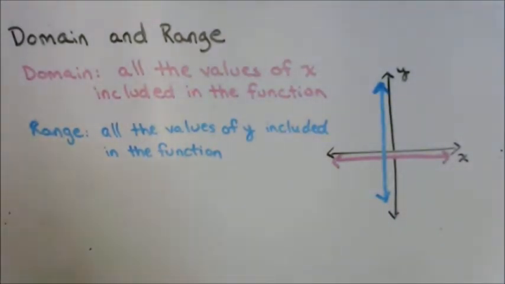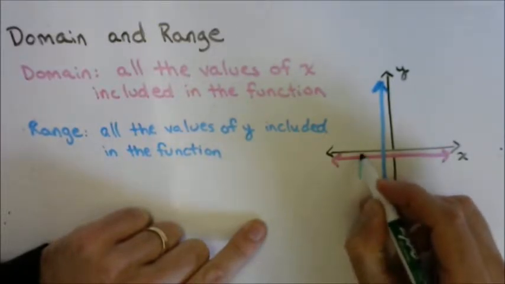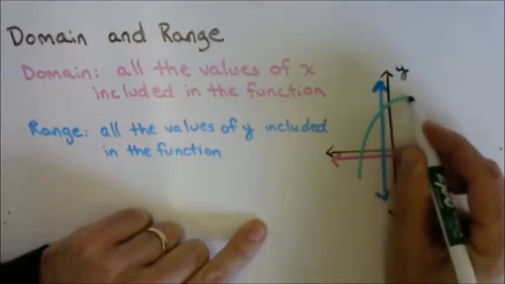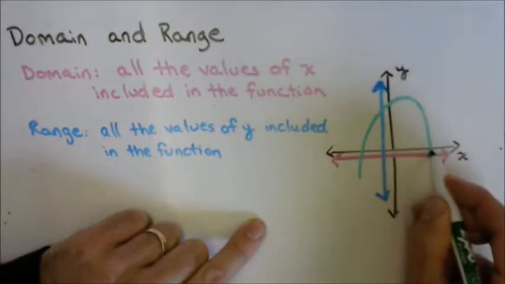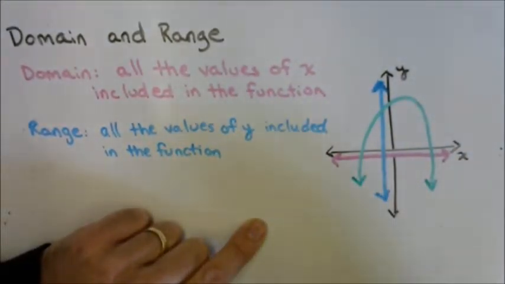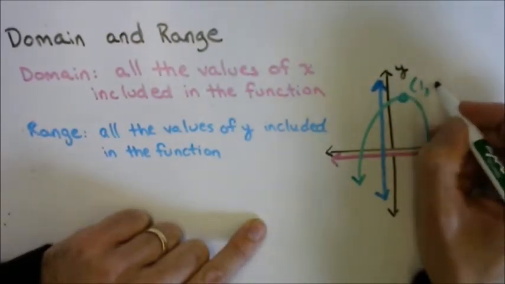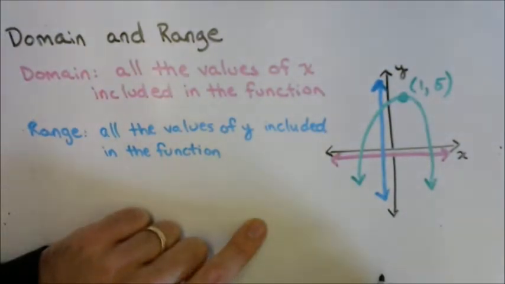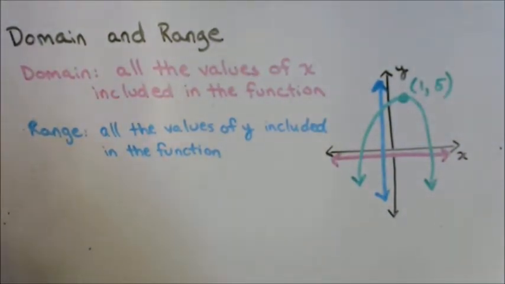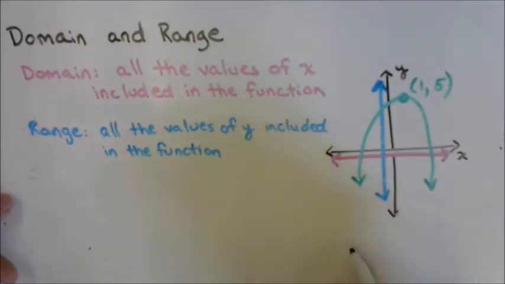So I'm going to go ahead and draw a parabola. And I'm going to just say that the vertex is (1, 5). And it opens down. So in this case, this parabola is going to go forever and ever and ever, this leg and this leg.